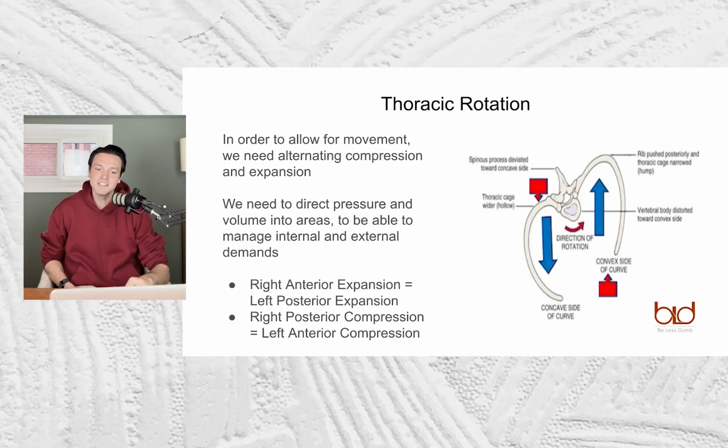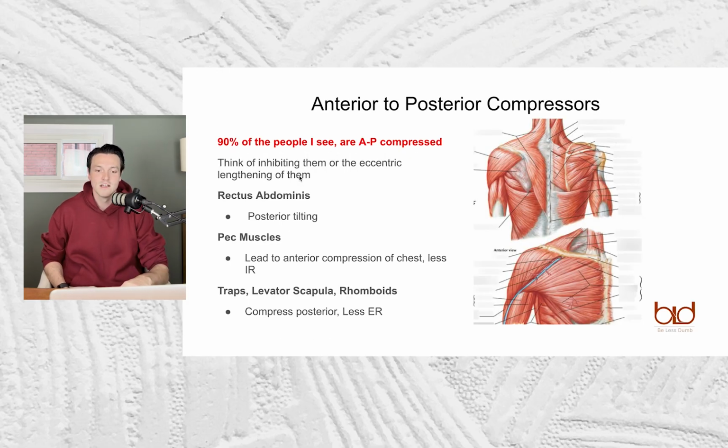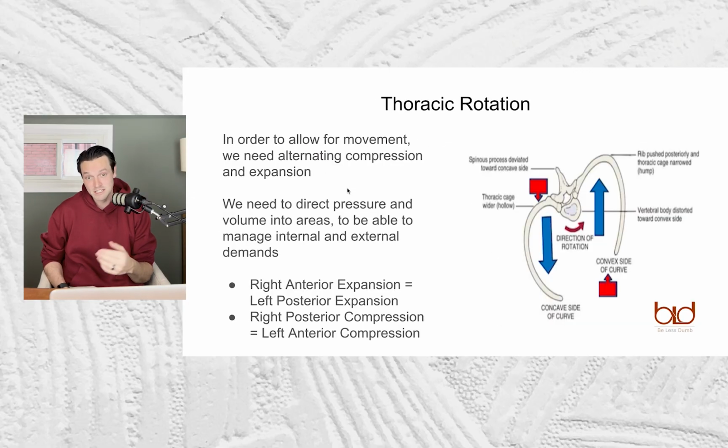Okay, so this is one of these things, I wouldn't call it complicated, but people get caught up on it a little bit, and people get caught up in explaining it a little bit. But thoracic rotation is so important. The ability to rotate your upper body and lower body, you'll see it anywhere, a lack of rotation is going to be an issue most of the time with people in pain. In order to allow for movement, we need alternating compression and expansion, right?